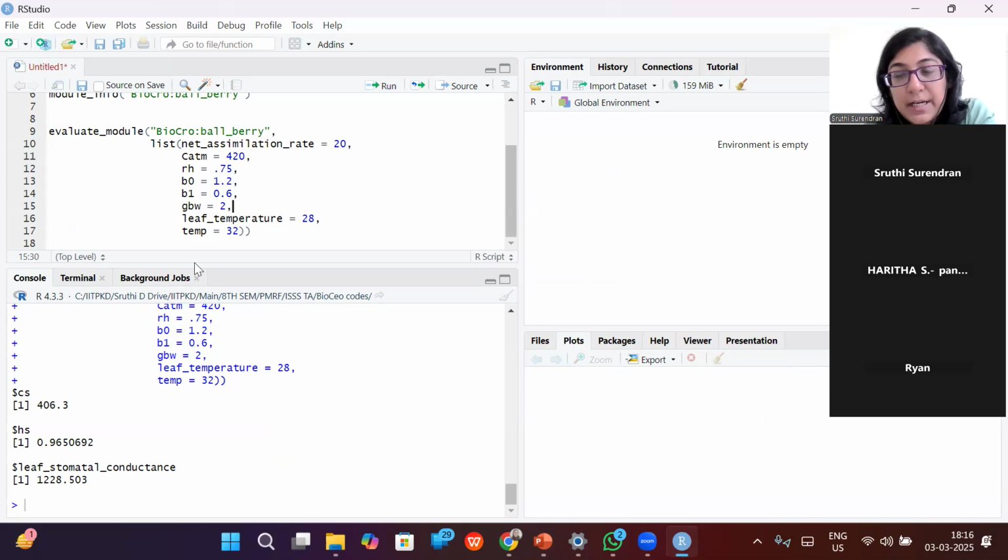Once you get the linear regression line, we can find out accurately, for a particular value of photosynthesis, what will be the value of stomatal conductance. Now our measurements will be restricted to maybe 10 or 15 values. So we know the value of stomatal conductance corresponding to one particular value of photosynthesis. But when we make an ACI curve, we have like 15 values of carbon dioxide, 15 values of assimilation, 15 values of stomatal conductance.